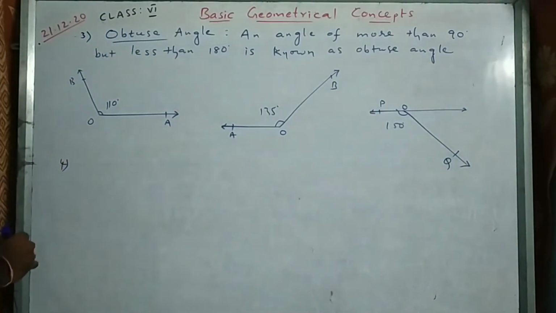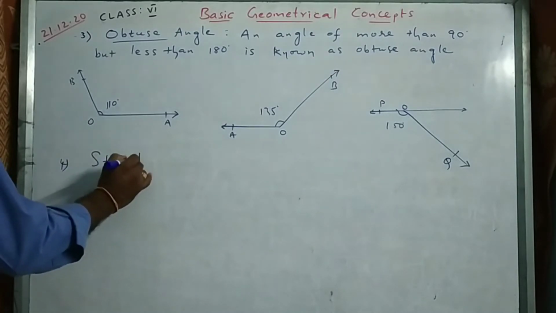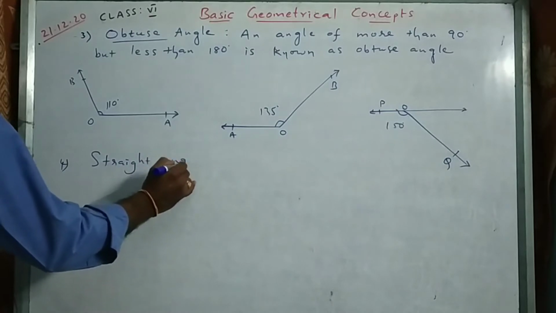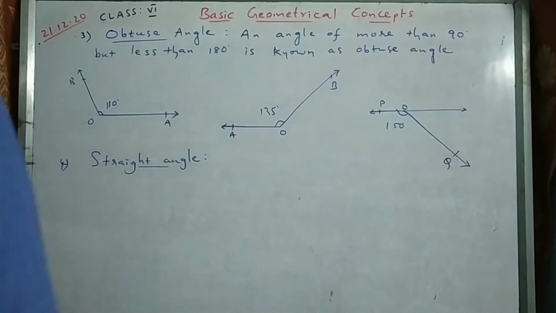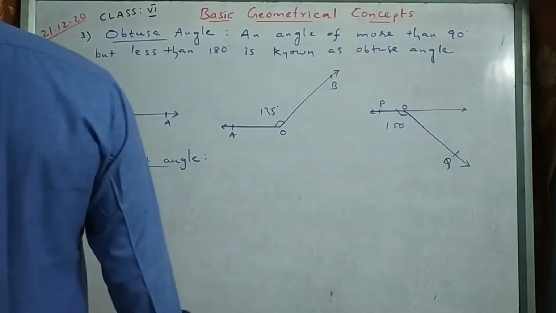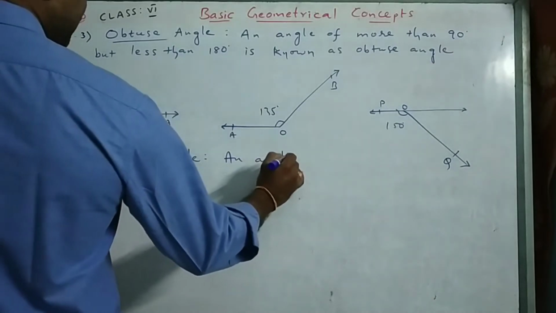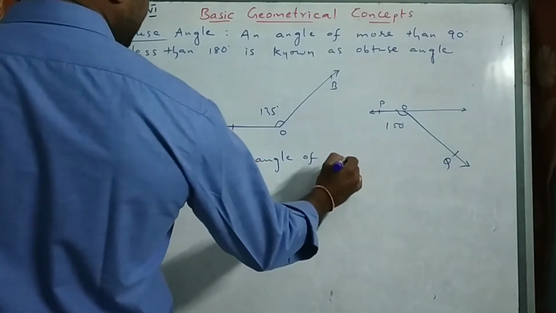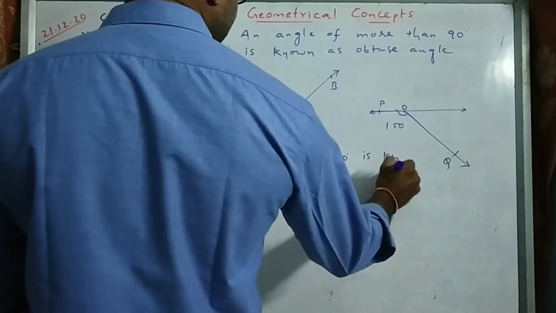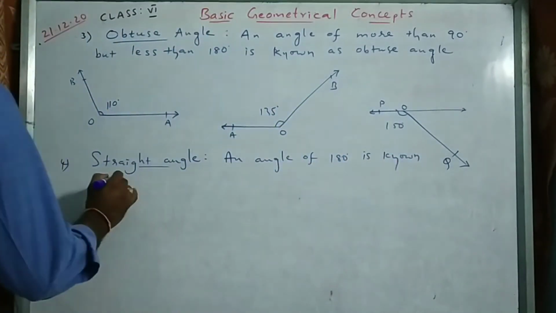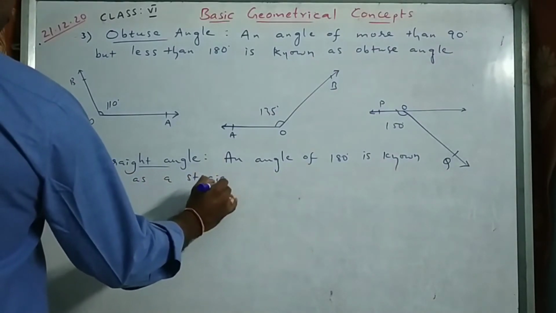Fourth angle is the straight angle, or straight line angle, no problem. Exactly 180 degrees is known as a straight angle. That means an angle of 180 degrees is known as a straight angle.